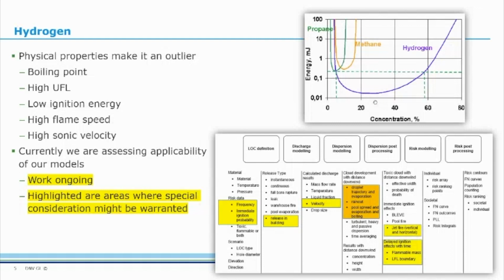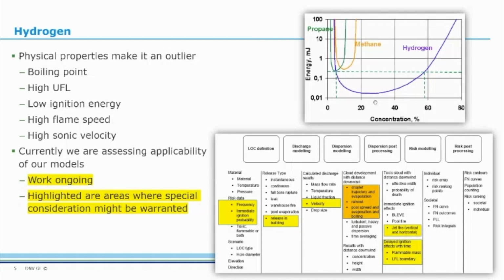So this diagram on the right, the block diagram, shows the model. It's our normal model linking slide from the training materials, and it shows in yellow and orange areas of the modeling which you may question when it comes to hydrogen. So on the left-hand side, very much in the risk domain, we're thinking about frequency and immediate ignition probability.